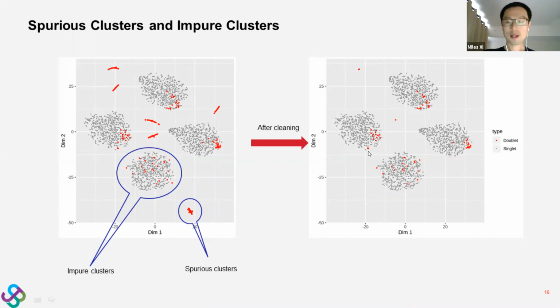But the method is not perfect, so you still have some red points left. But you see, the problem is mostly solved. Even if you have some doublets left, most of them will be removed, and you will not have those fake or spurious clusters. So that's our goal.